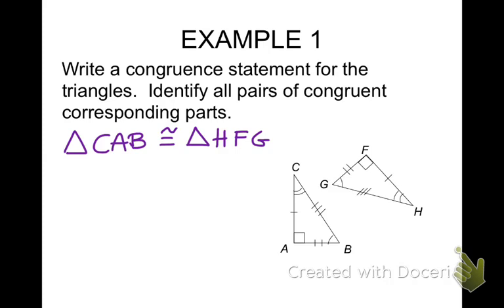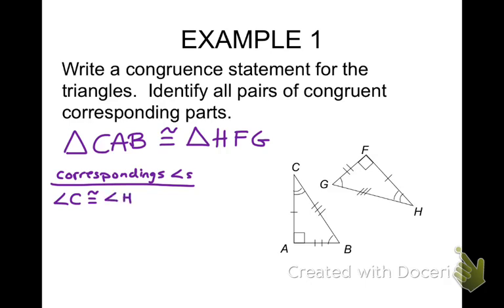Okay. Once you have your congruent statement, then identifying the corresponding parts makes it really easy. So let's do our corresponding angles first, because they're probably the easiest. So angle C would be congruent to angle what? H. Good.